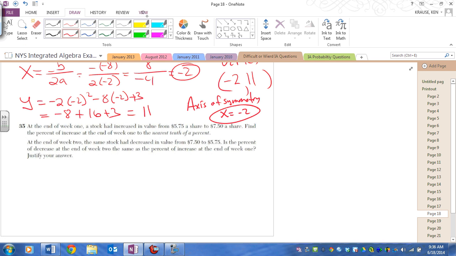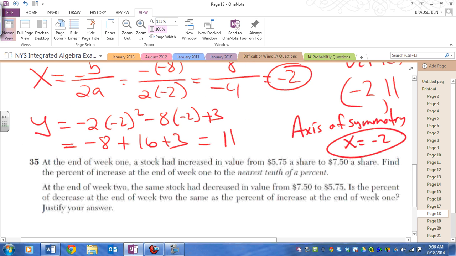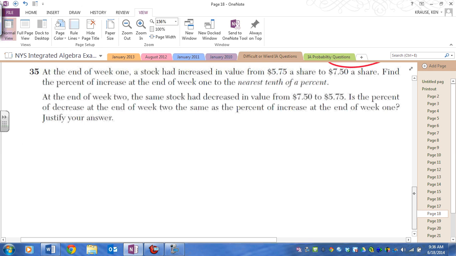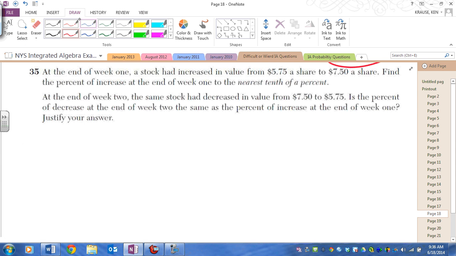All right, at the end of 1 week, a stock increases in value from 575 to 750. Find to the nearest tenth of a percent the increase in the week. Find the percent of increase.